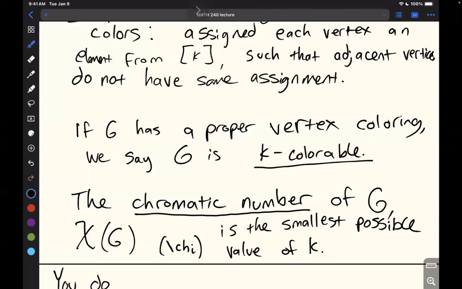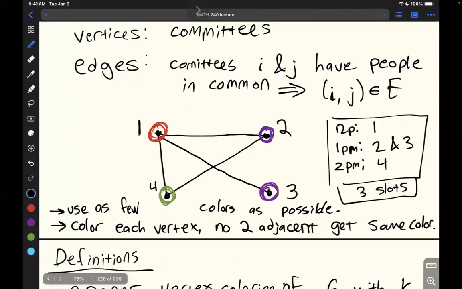All right. So our goal is to use the smallest possible number of colors. For our example, we could have assigned 3 to be blue. But that's not the smallest number that we could find. And so we would not say that the chromatic number is 4. We could say that G is 4 colorable because here's G with 4 colors.